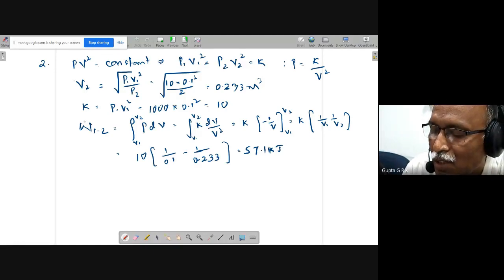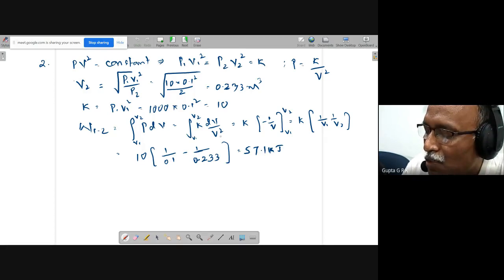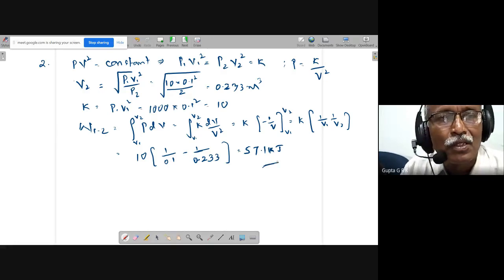And so you can find out what is V2, root of P1 V1 square by P2, you will get it. And K constant is P1 V1 square, you can get it. And W12 is integral PdV, so integral K into dV by V square. The integral of 1 by V square is minus 1 by V. You have to substitute the limits and you will get this. Okay, so that's the way we have to go about it.